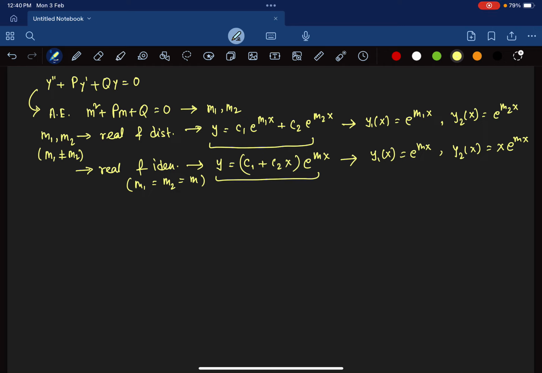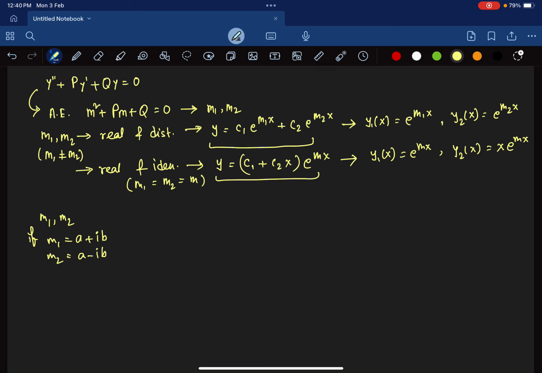Now another case we have is m1 and m2 are complex, and you know that complex roots come as a conjugate pair. So if m1 is of the form a plus ib, then m2 has to be a minus ib.